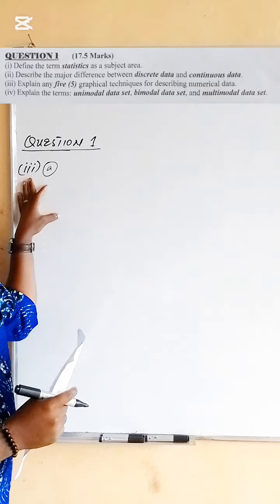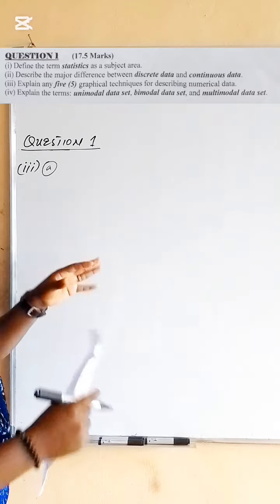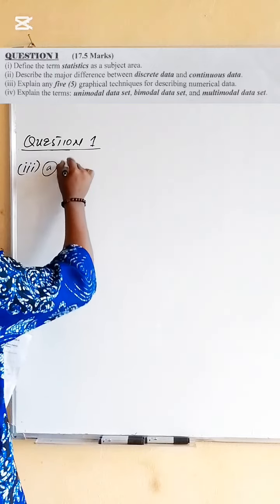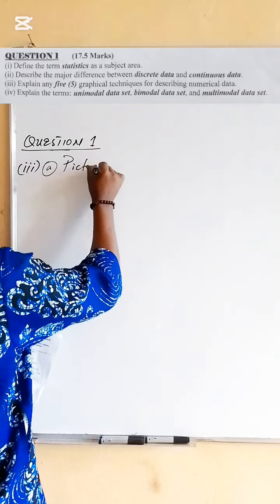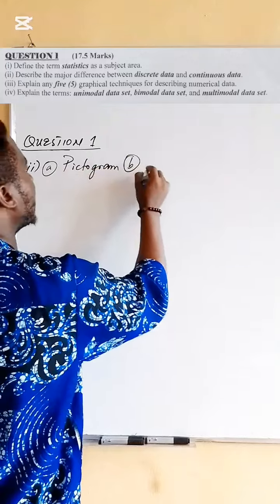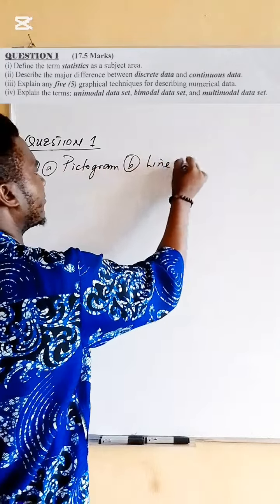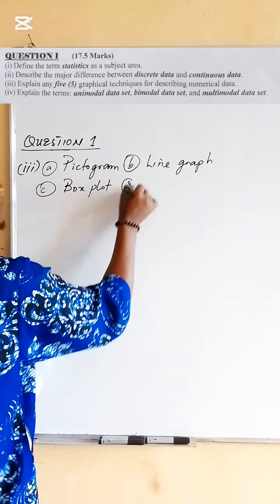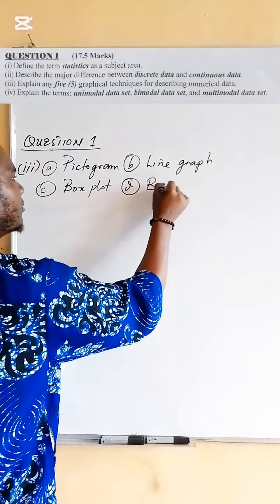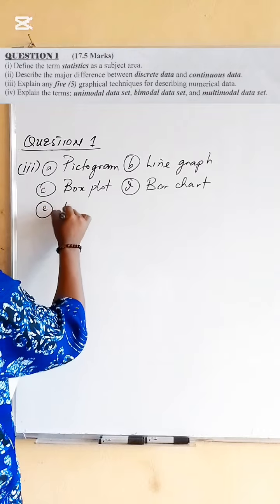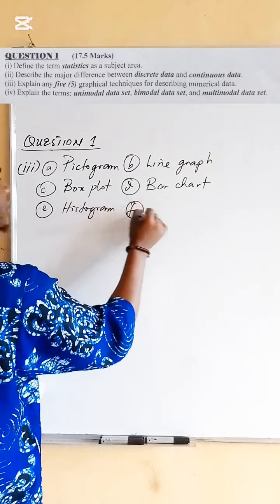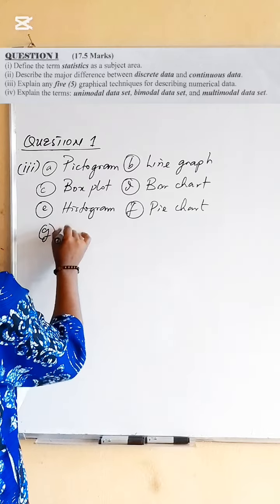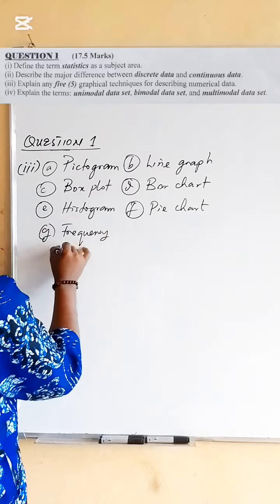I'm going to mention all the graphs, as many as possible available, and we are going to describe or explain 5 of them. So I'm going to start with the pictogram. B, the line graph. C, the box plot. D, the bar chart. E, the histogram. F, the pie chart. G, the frequency polygon.